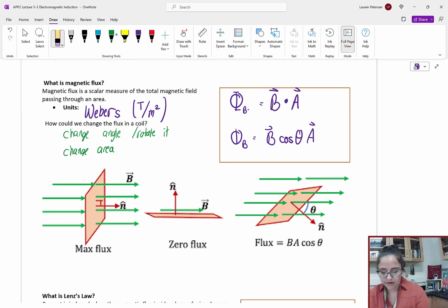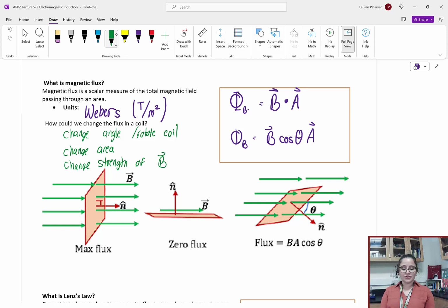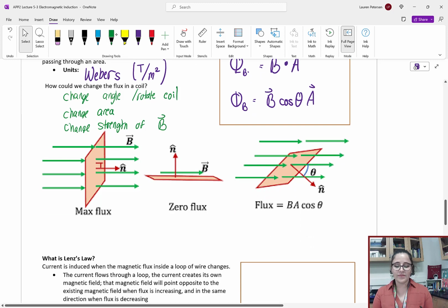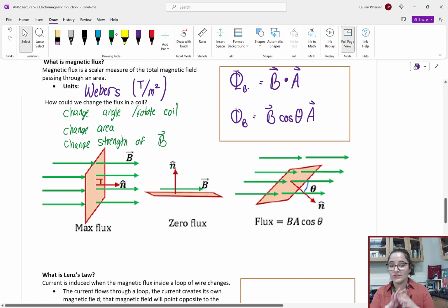And we can also change the strength of the field. If we change the strength of the magnetic field, we also change the flux. Okay? So that is flux. Flux is just a scalar measure of the total magnetic field in an area.